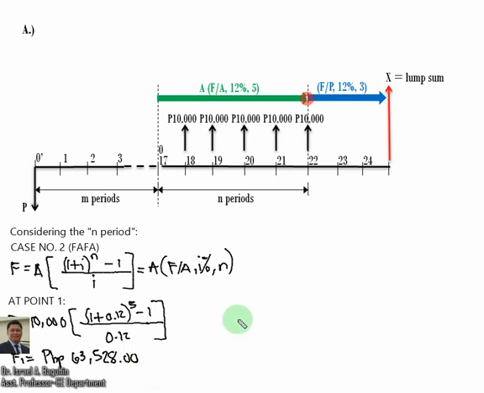So we have now this value of our F1. After getting this F, we are going to get the value of our future worth involving this duration here.